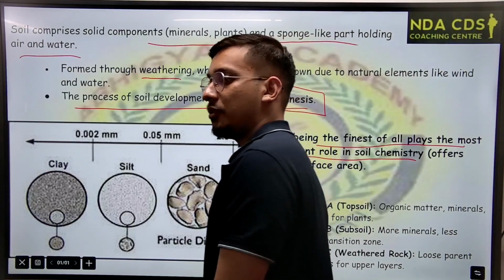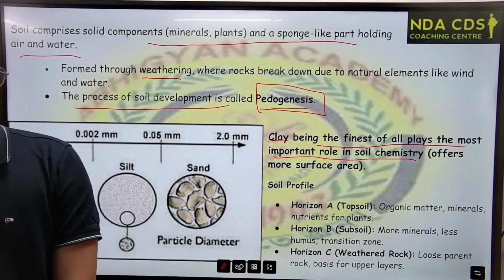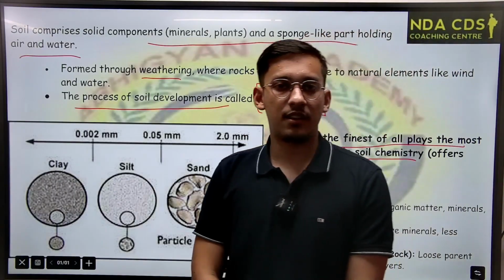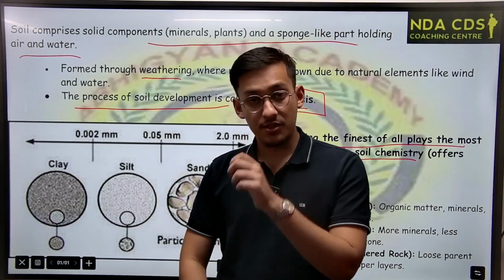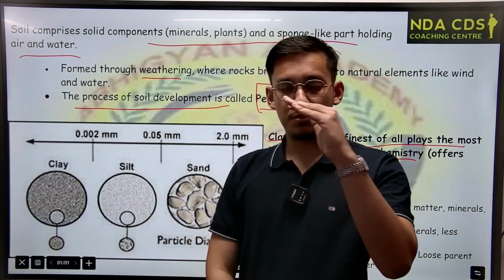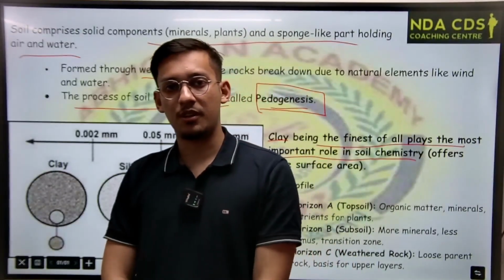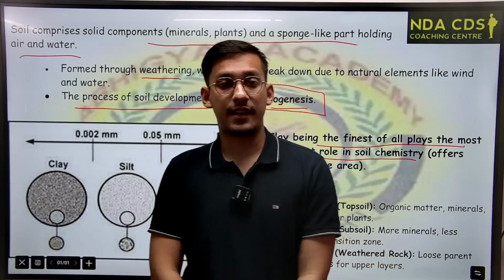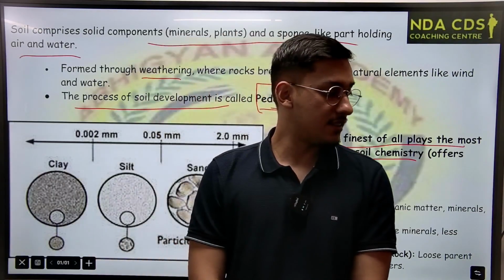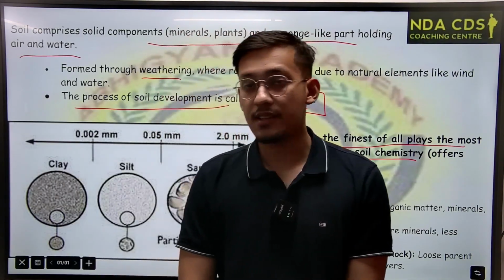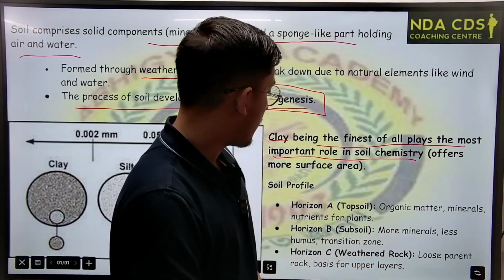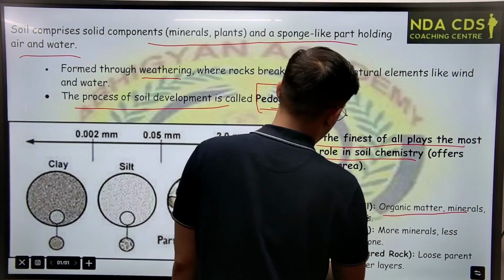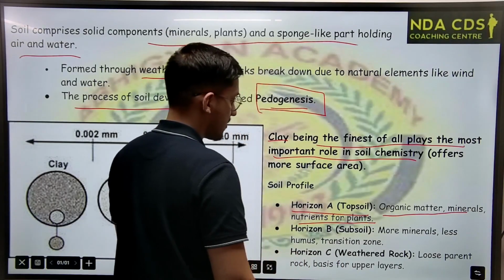Now we come on to something known as soil horizon or soil profile. What is soil horizon? Basically, there is a vertical division in layers of soil. We have topsoil, mid soil, and bottom soil or bedrock. Similarly, those horizons can also be known as horizon A, horizon B, and horizon C. Horizon A or topsoil has organic matter, minerals, nutrients for plants.